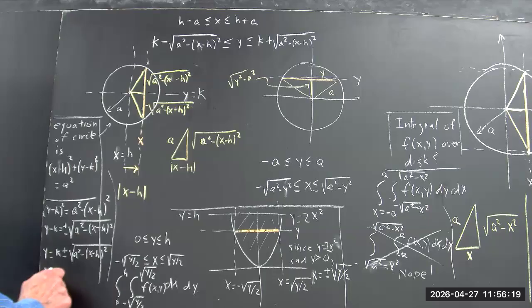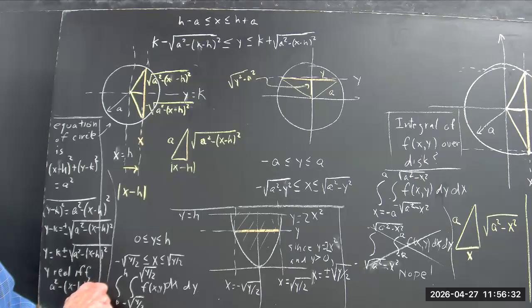Okay. Y is a real number if and only if a squared minus the quantity x minus h squared is greater than or equal to 0.